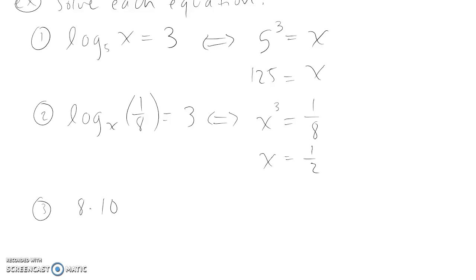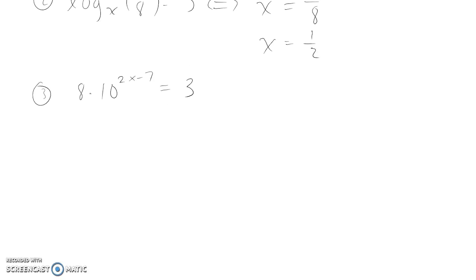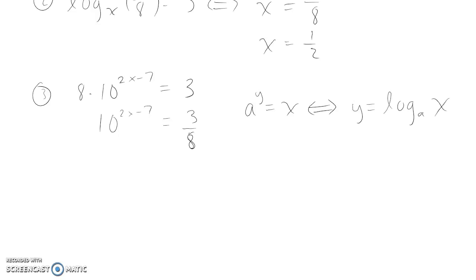Let's look at this next equation: 8 times 10 to the 2x minus 7 is equal to 3. In order to do this problem, we have to isolate the base first. So I'm going to divide both sides by 8 and get 10 to the 2x minus 7 is equal to 3/8. Now remember, if a to the y equals x, that's the same thing as saying y is equal to log base a of x.